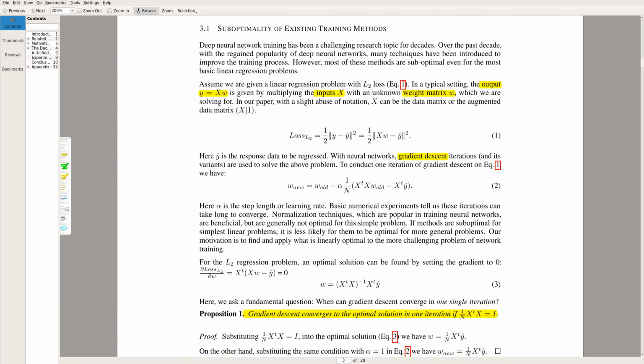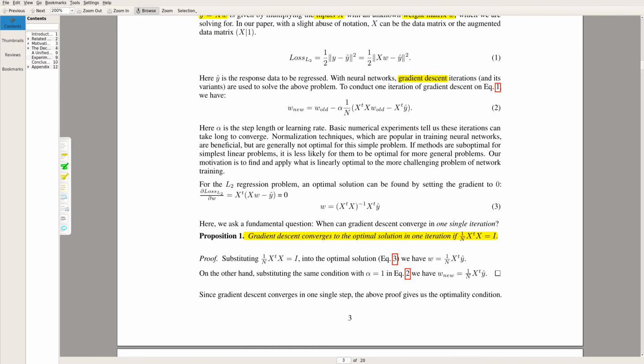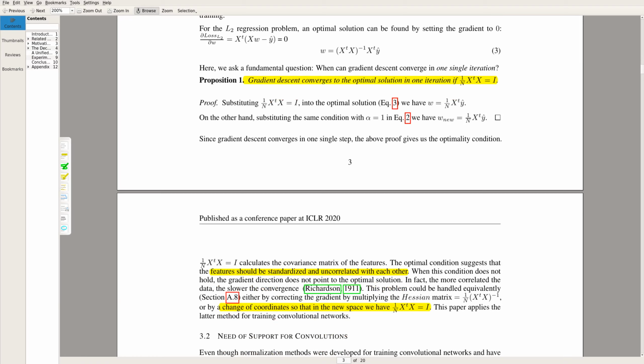Firstly, they have this section on motivation for this approach. Say we have this linear operation, right? You have some weight matrix, you have a matrix of inputs, and you would like to do gradient descent. So here they say that if the input data has a certain condition, then you will converge in a single step.